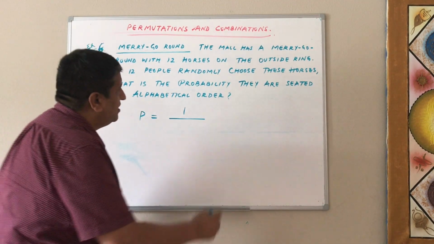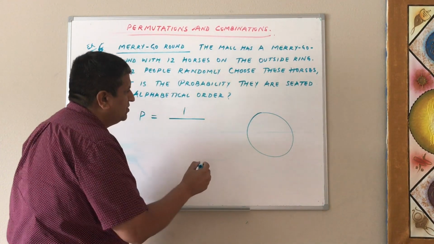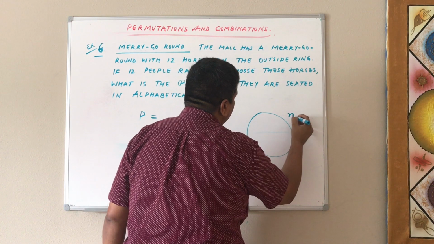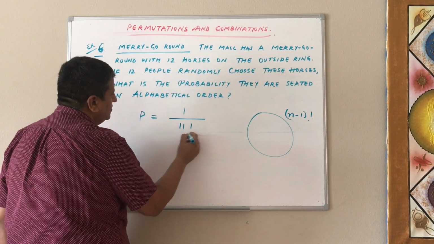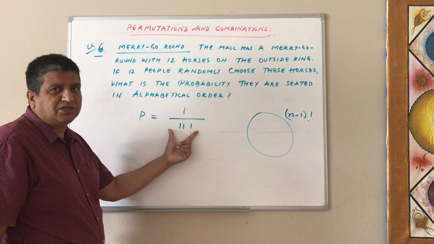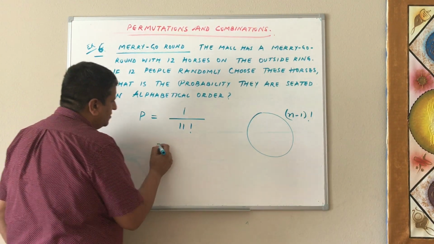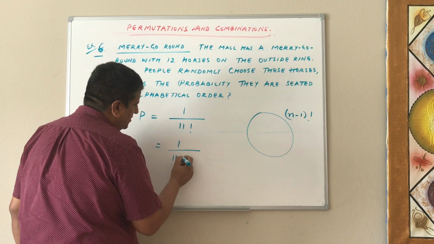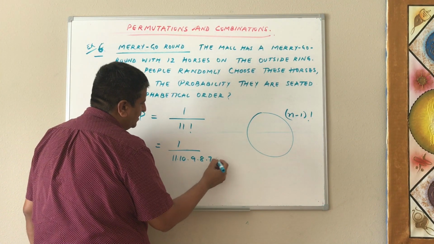And since they are all seated in a circular arrangement, remember that in a circular arrangement, we will have n minus 1 factorial. So you can simply write 11 factorial arrangements that are total here. You can leave this as the answer, or you can multiply all these numbers, and that will give you the answer.